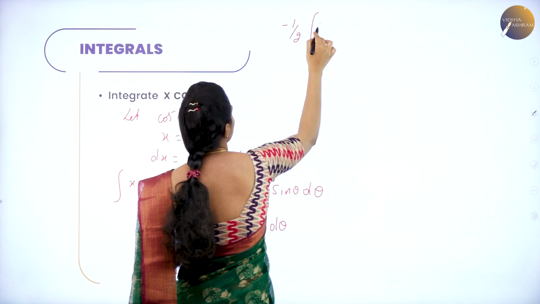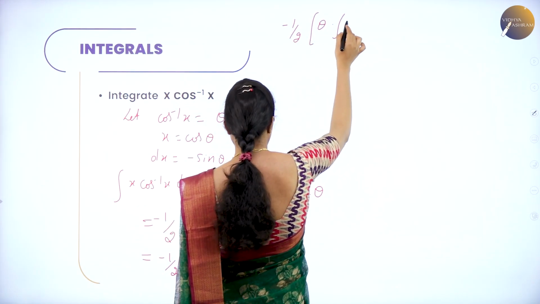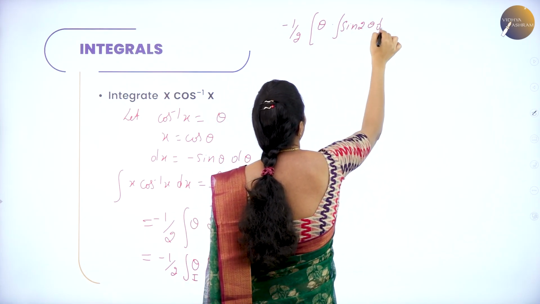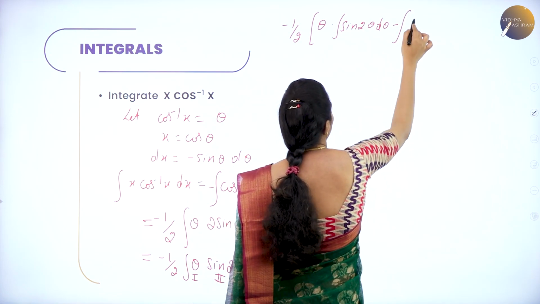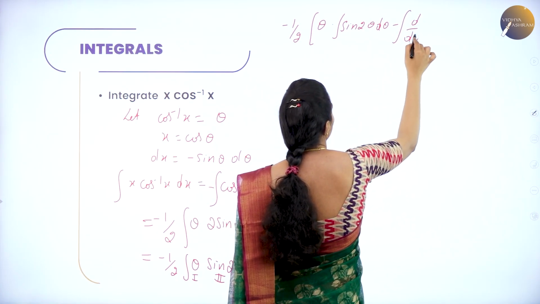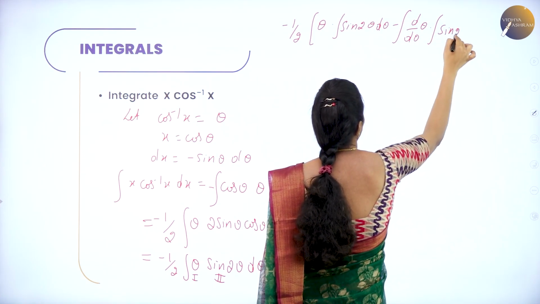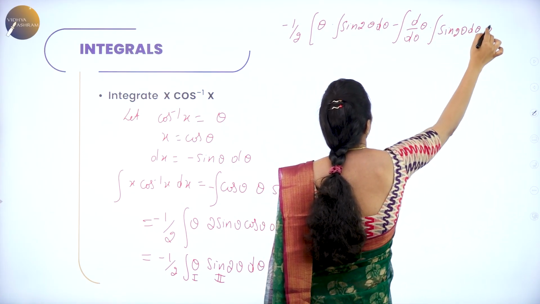Now first function into integral of second function, that is sin 2 theta d theta, minus integral of d by d theta of first function into integral of second function into d theta.